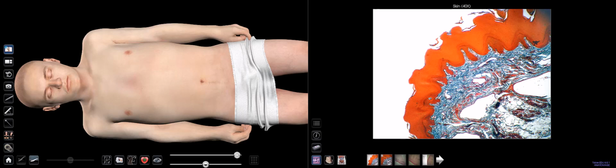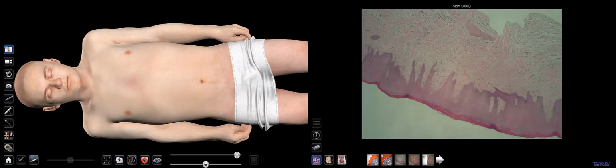Okay, so if we take off a layer, or another thing you can also do is you can click to some different images. Here's another picture of skin, the dark pink layer kind of on the outside next to the white, again, is the epidermis. I don't think it tells you anything necessarily on here.